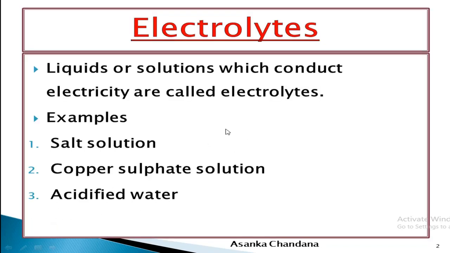Now we have learnt that electrolytes are liquids or solutions which conduct electricity, and three examples: the first one is salt solution, the second one is copper sulfate solution, the third one is acidified water.